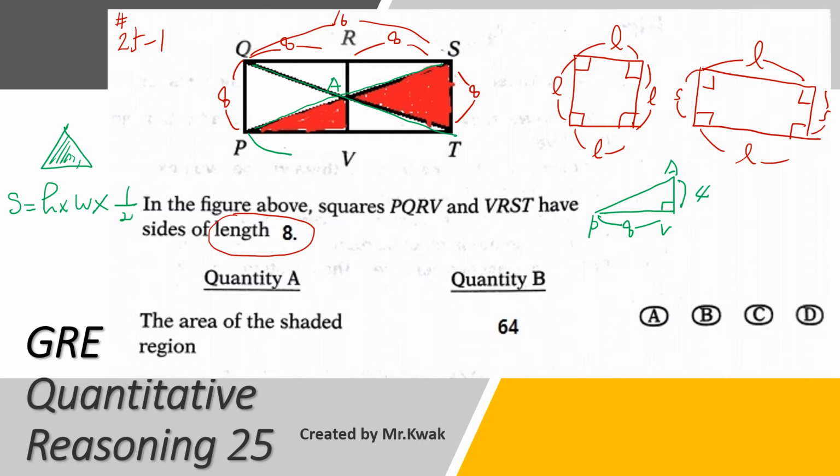In that case, especially the line RV is 8, but the line RA could be 4. Does it make sense? In that case, the other part, the length of line AV also could be 4.